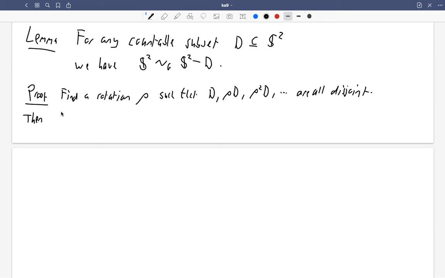So then the sphere, we can write it as D star, where D star is the union of all these sets. So this is a countable set. If we rotate it, it's still a countable set.